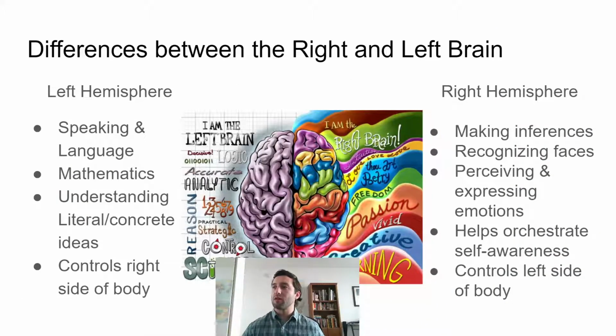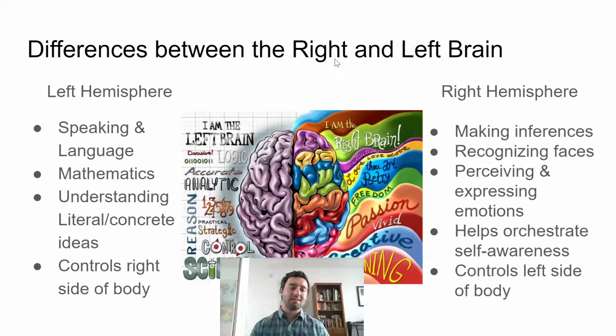Now, like I mentioned before, each of our hemispheres tends to specialize in certain tasks. And again, even though there are these specializations, there's a lot of communication going back and forth. I'll hopefully point that out with some examples as we go. Our left hemisphere is in charge of speaking and language, mathematics, and understanding literal, concrete ideas.